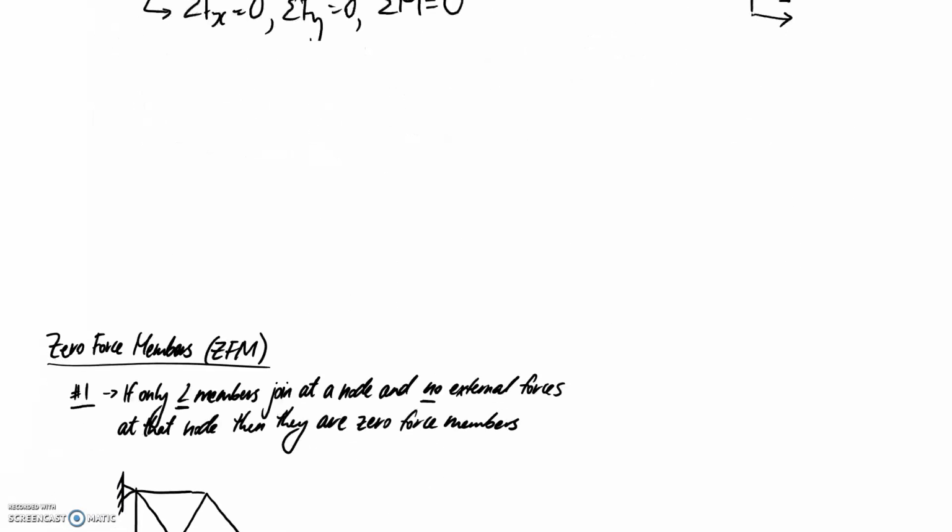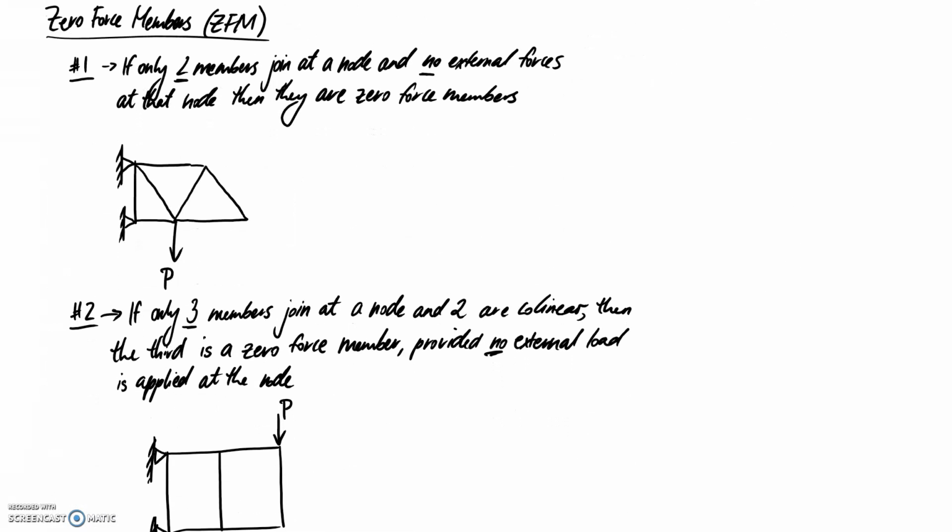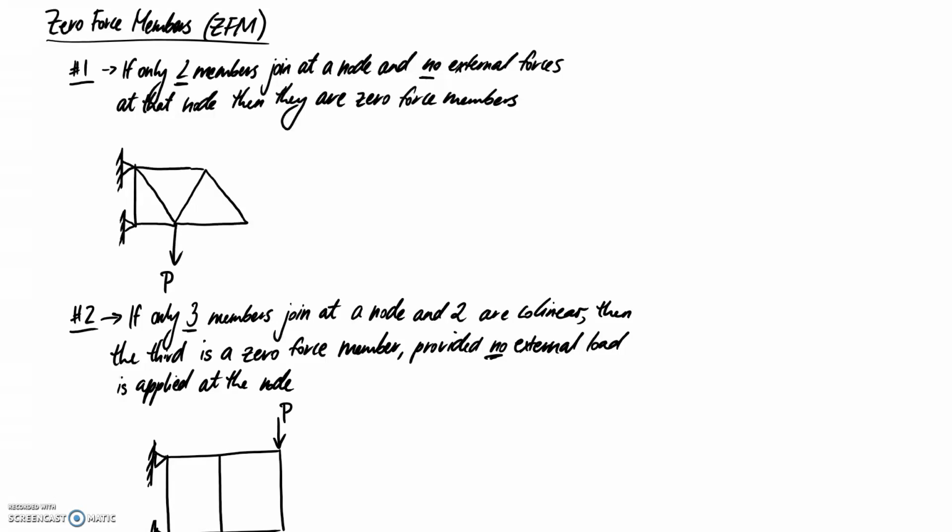Alright, so I'll move on. And the next thing that we're going to discuss is zero force members. So we have two different rules for identifying zero force members. Now the first one is that if we only have two members joining at a node and there are no external forces at that node, then both of these members are going to be zero force.